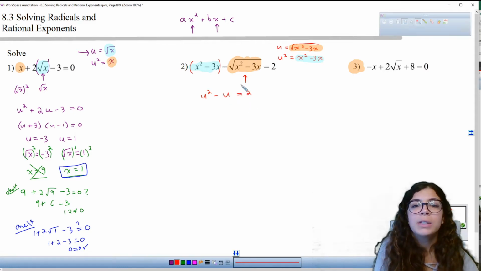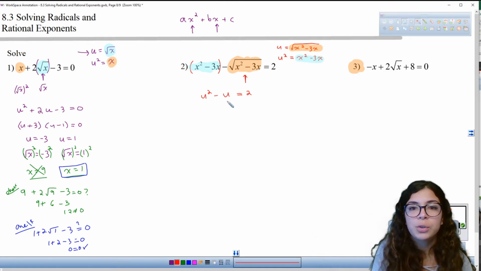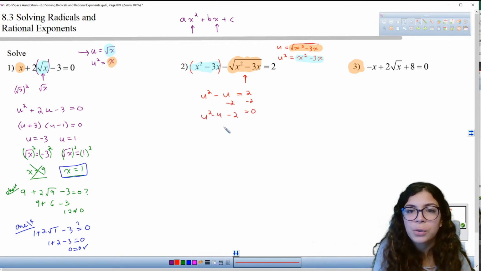Okay, so now that we have u substituted in, we can go ahead and subtract 2 to bring that to the left-hand side. So I have u squared minus u minus 2. This would factor into u minus 2 times u plus 1. So we have two potential solutions here, u equals 2 and u equals negative 1.